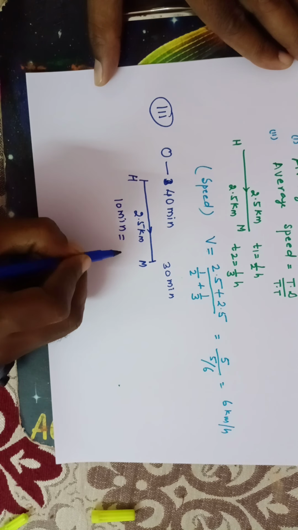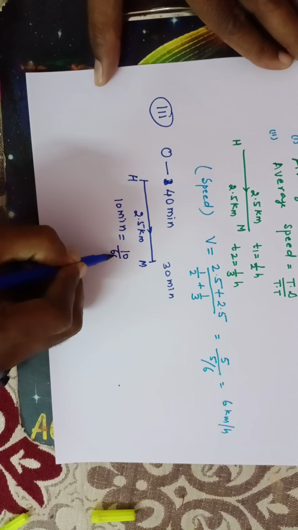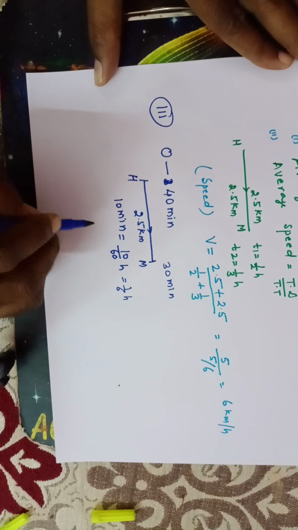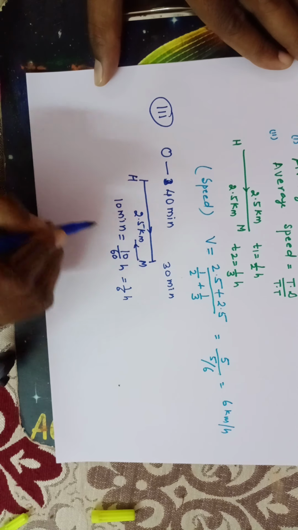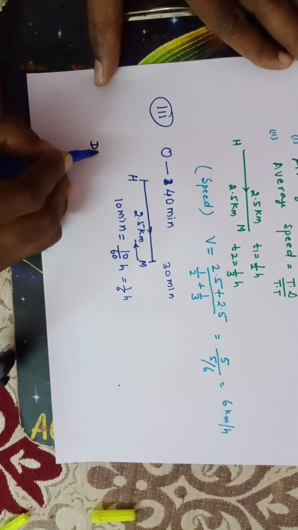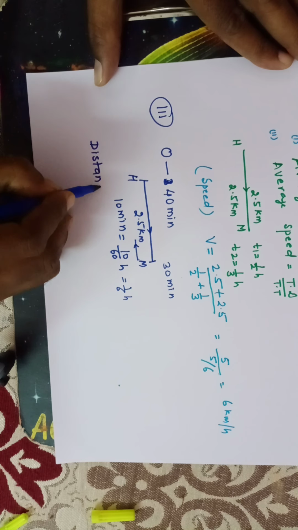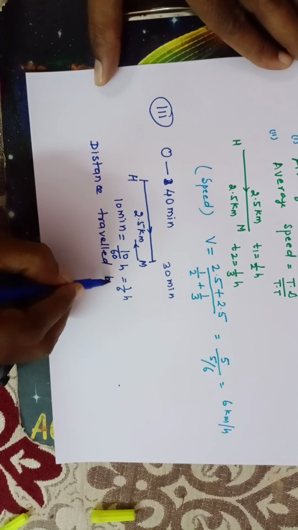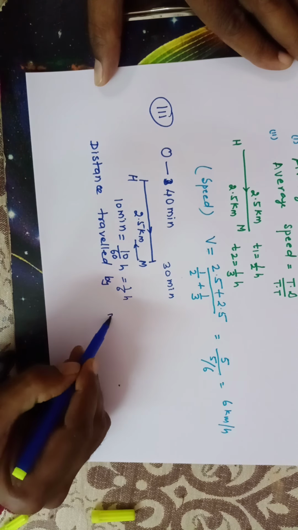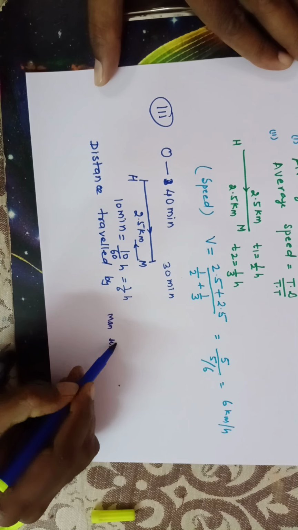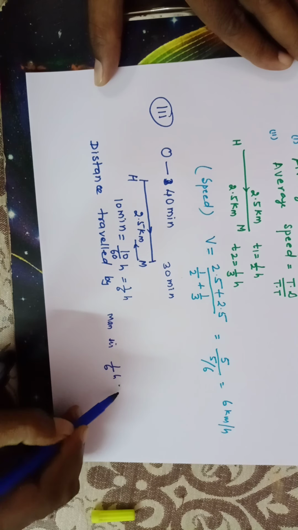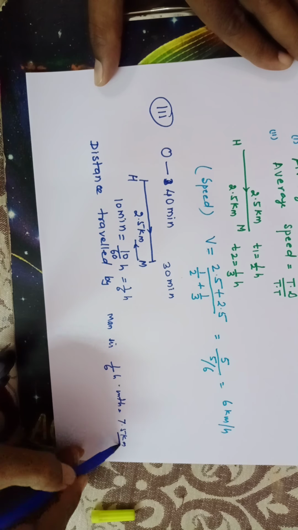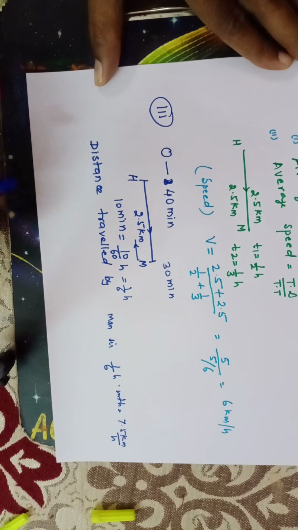So in 10 minutes means 10 by 60 hour, that will be equal to 1 by 6 hour. So in 1 by 6 hour, how much distance he will travel? Distance traveled by man in 1 by 6 hour with 7.5 kilometer per hour, because while returning his speed is 7.5.